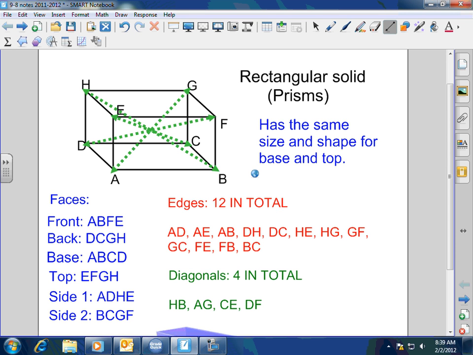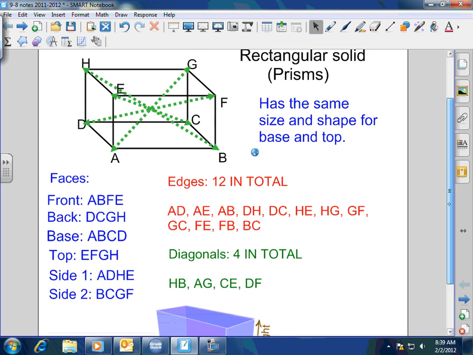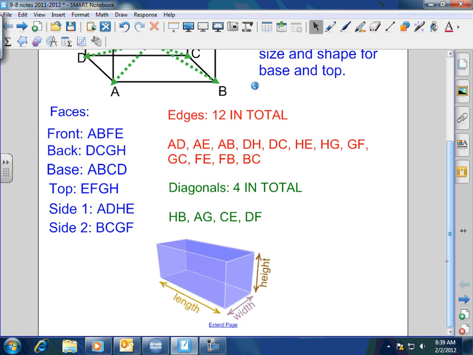Those are diagonals. I'm going to show you in a second how these diagonals work, because it's going to be very important for setting up right triangles. In the end, remember, we're talking about a prism, 3 dimensions. We have a length, a width, and a height.